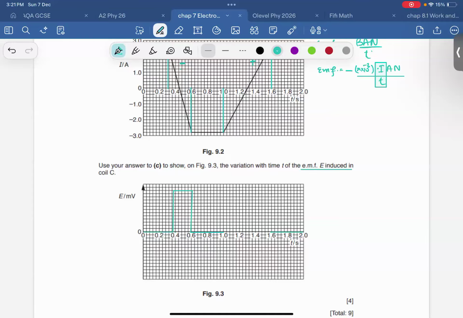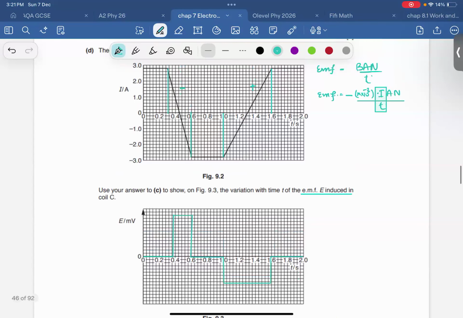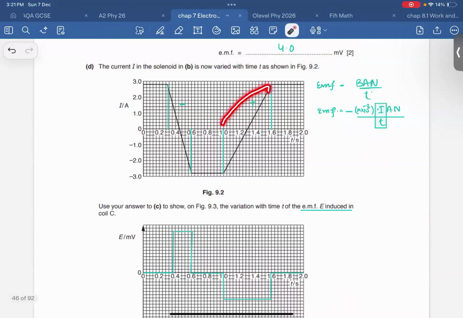This peak would be higher, and this would be lower in size, because this gradient is lesser than this gradient, and we are supposed to draw the gradient. Is that clear, guys?